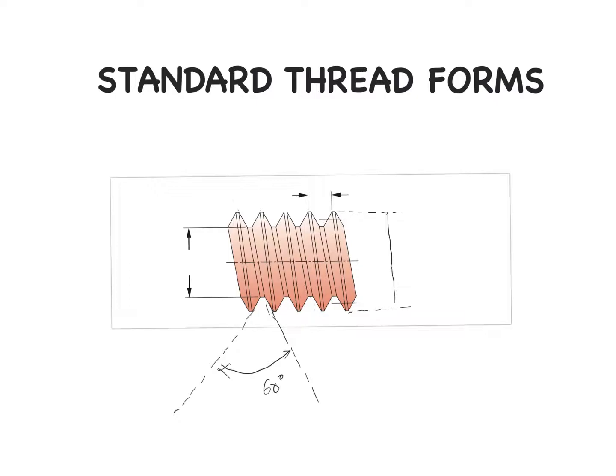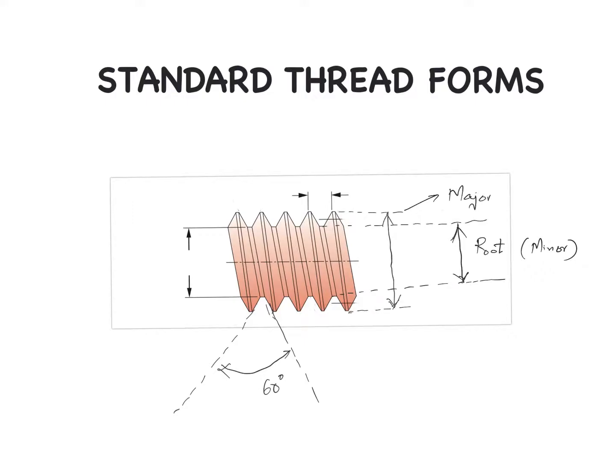So this is your major diameter or nominal diameter. Then we have something called the minor diameter or the root diameter, which I am showing currently. This is your root diameter. This is the minimum diameter in a standard thread form. So this is called the root diameter or the minor diameter, and this is called the major diameter.